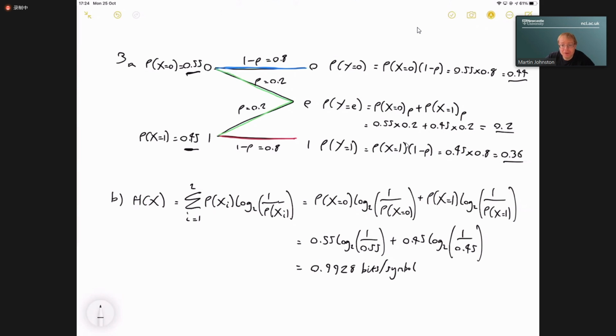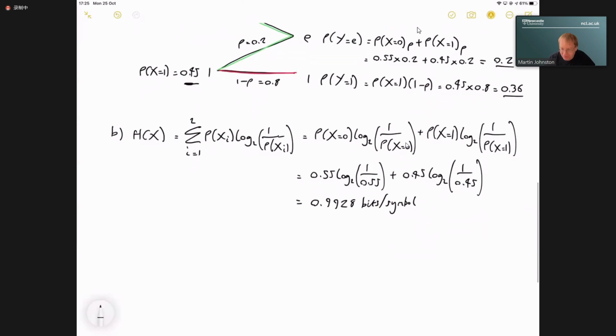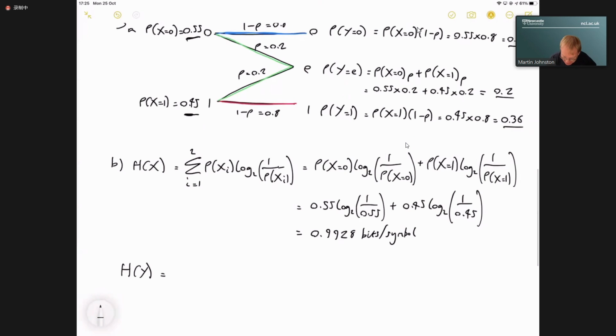Now also, we can calculate the entropy of the source Y as well. The reason why we're doing this is just to show the symmetry of mutual information. There are 2 different ways of getting mutual information. So we can actually calculate H of Y based on the 3 probabilities we calculated earlier.